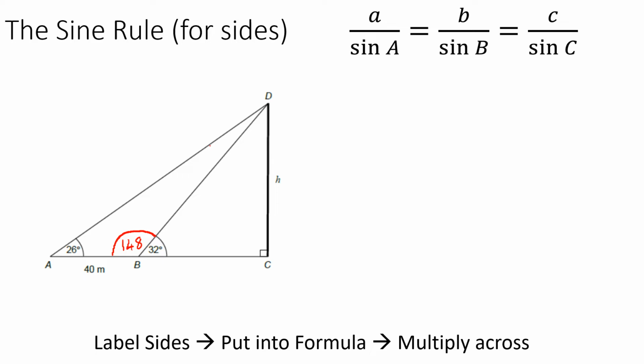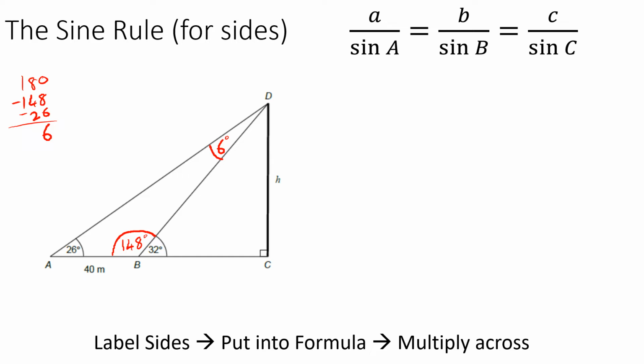And if we know that angle, we also know this angle because we've got a whole triangle there with a 148 and a 26. So if we take them away from 180, there's not a lot left there. There is just 6 degrees left over. So that there is 6 degrees. Okay, great. Now what? Well, what would be useful?